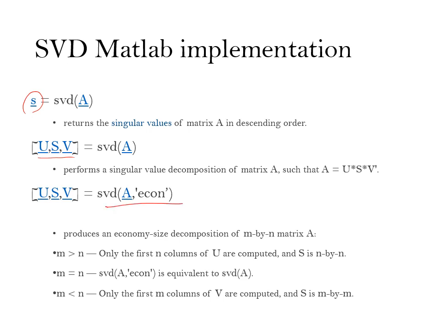This produces an economy size decomposition of an M by N matrix A. If M is greater than N, only the first N columns of U will be computed, and S will be N by N. If the columns and the rows are the same, the economy singular value decomposition of a matrix A will be equivalent to the standard singular value decomposition of A. If M is less than N, only the first M columns of V will be computed and S will be M by M. This is the economy singular value decomposition of a matrix.